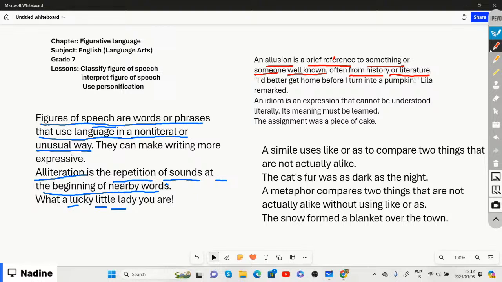So we said that an allusion is a brief reference to something or someone well known, and it is often in history or it can be literature, right?